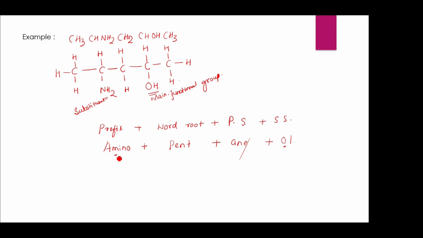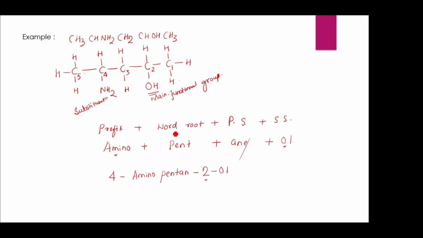Since the amine group is present in the fourth carbon, count 1, 2, 3, 4 and 5. So 4-amino pentane-2-ol.